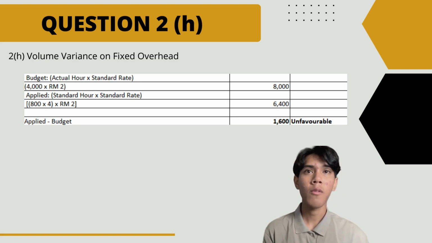And then to find the volume variance on fixed overhead, we need to minus applied by budget, and then we get 1,600 unfavorable. It is because actual amount is more than standard amount.